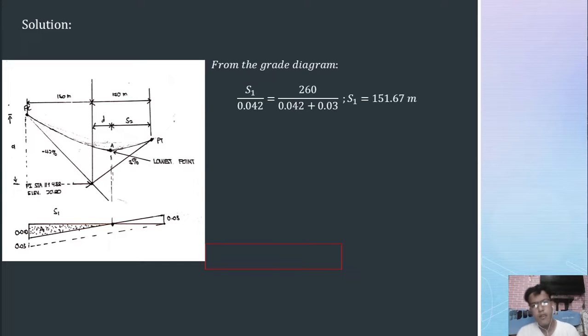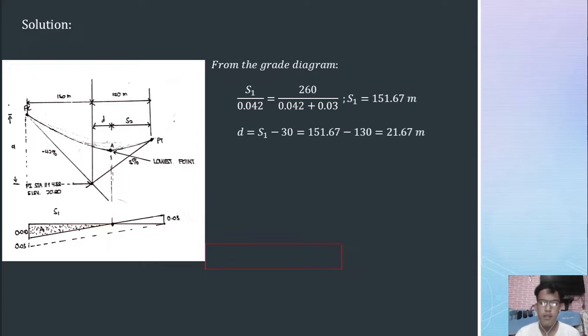In order to find that, S1 over 0.042 is equal to 260 over 0.042 plus 0.03. We just need algebraic manipulation, and we can get 151.67 meters.